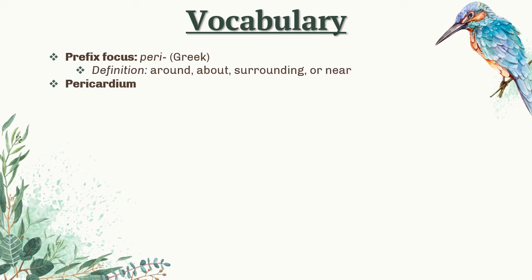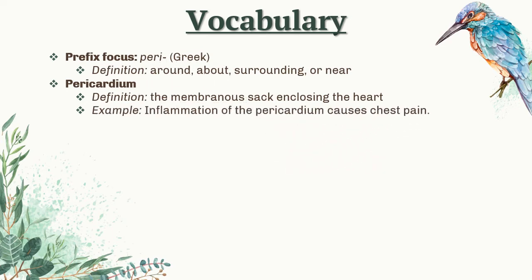Our first word is pericardium. The pericardium is the membranous sac enclosing the heart. So it's the tissue that is around the heart, protecting it, keeping it safe there in that spot in the body. Used in a sentence, inflammation of the pericardium causes chest pain.